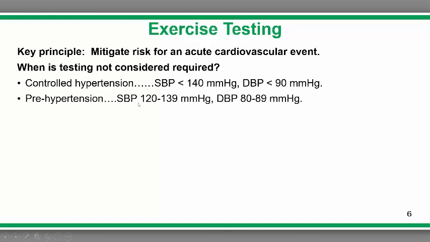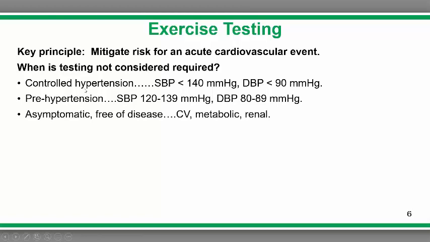Now, although the values for blood pressure for pre-hypertension appear to be similar to those with controlled hypertension, so we see values ranging from 120 to 139 for systolic blood pressure, 80 to 89 for diastolic blood pressure, a person that is considered to be in a pre-hypertensive state is demonstrating signs that they are starting to trend upward into a consistent level of controlled hypertension and at risk for moving into uncontrolled hypertension.